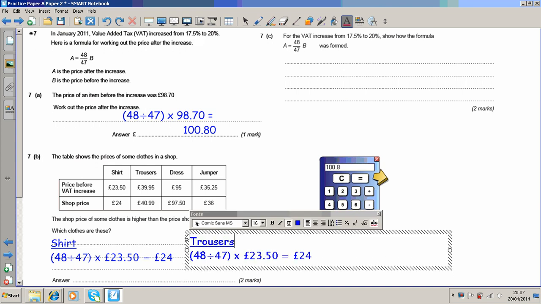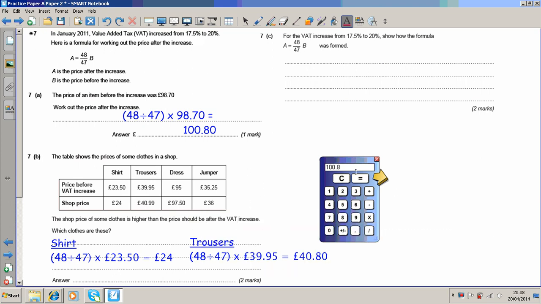So trousers were £39.95. So if we type that into a calculator, 48 divided by 47 times 39.95 is £40 and 80 pence. So the shop price is too high on that one, so trousers is one of the ones that's a problem.